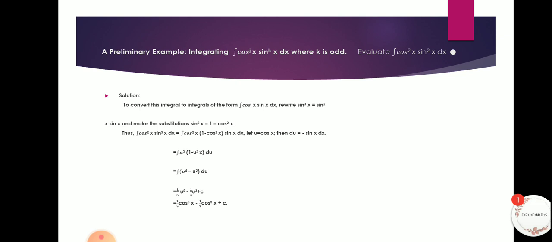Let u equals cosine x, then du equals negative sine x dx, giving integral u squared (1 minus u squared) du equals integral (u^4 minus u^2) du. So equals 1/5 u^5 minus 1/3 u cubed plus c, which equals 1/5 cosine^5 x minus 1/3 cosine cubed x plus c.